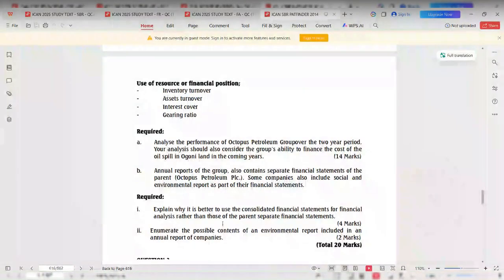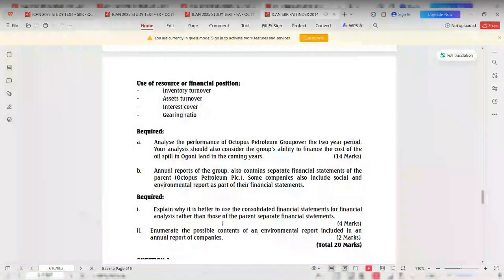See now that the ICAN exam is cheap, she has made a point. If we use parent company financial statement alone, our analysis will not show the true picture of the group. We call it group. The parent company is just one, and the parent may have many subsidiaries. So let's say the parent company made a profit of 2 million, subsidiary A made a profit of 5 million, and subsidiary B made a profit of 10 million.